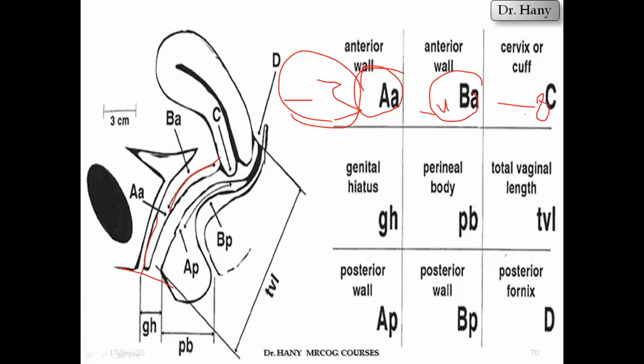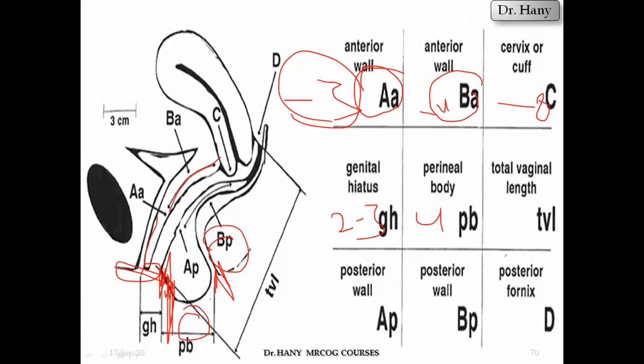Genital hiatus is 2 to 3 or 4 centimeters, the opening of the genital hiatus. Perineal body is also about 2 to 3 or 4 centimeters. The perineal body is from the end of the vagina, the posterior fourchette, up to the anus.